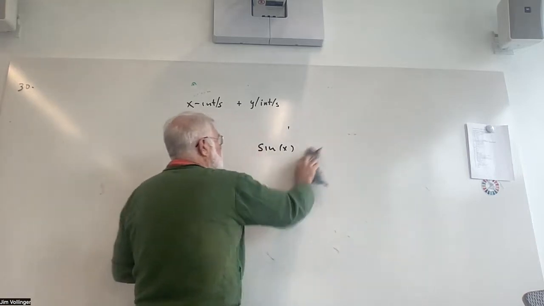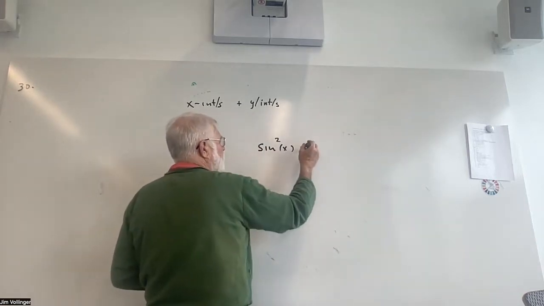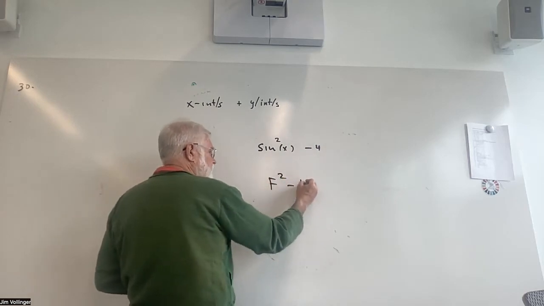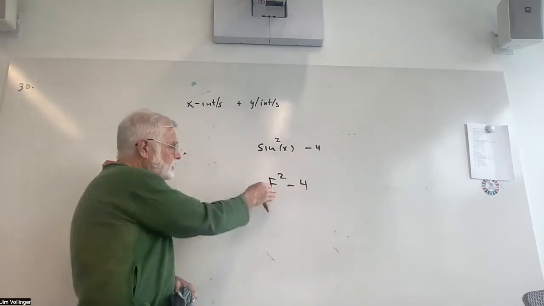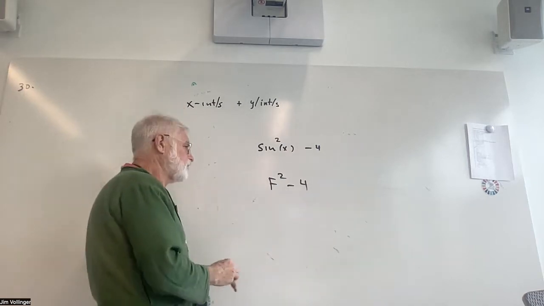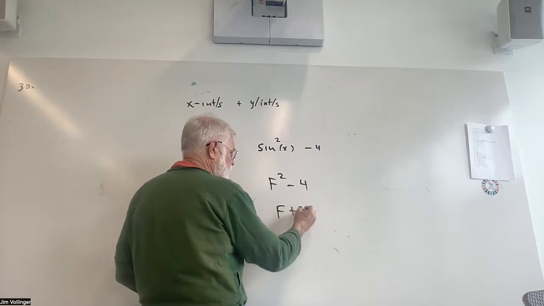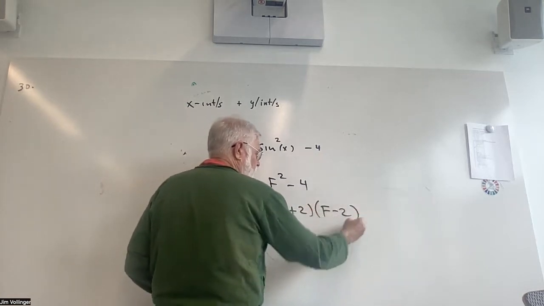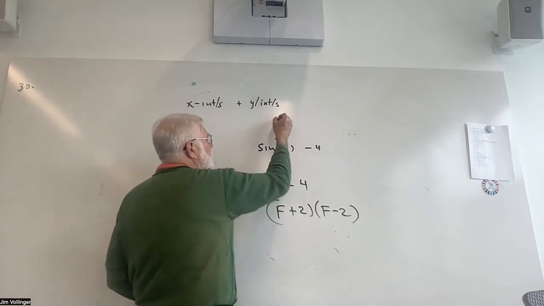And I asked you to factor sine squared x minus 4, which is a fraction squared minus 4. Does it look different when I ask you to factor f squared minus 4? Sure, it's a difference of two squares. It's the function plus 2 times the function minus 2. And what did we say the sine of x is?